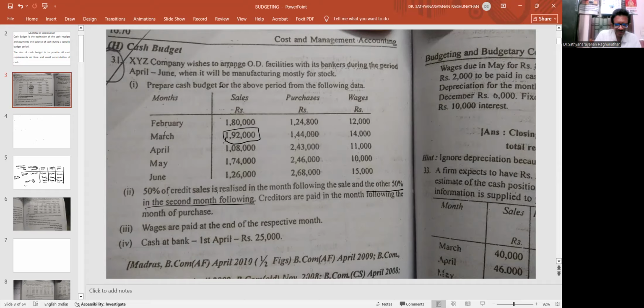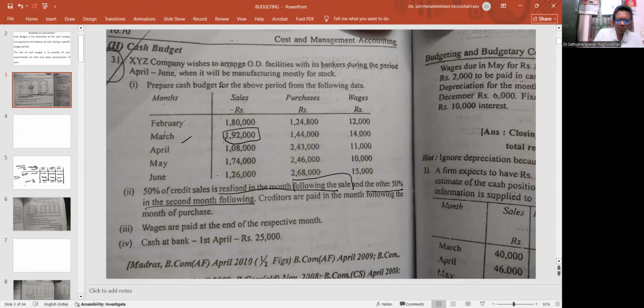Following the sale means, suppose you sold the goods in the February month, for the February transaction you will be receiving the money from the customer in March. That is what is called realized in the month following the sale. So one month lag, one month lag.